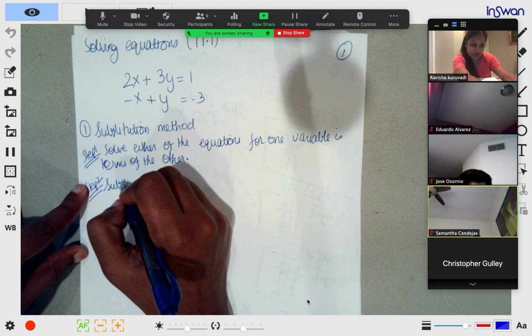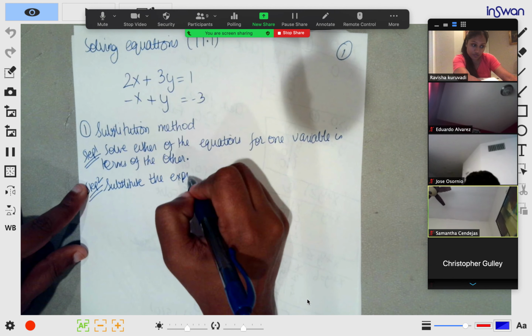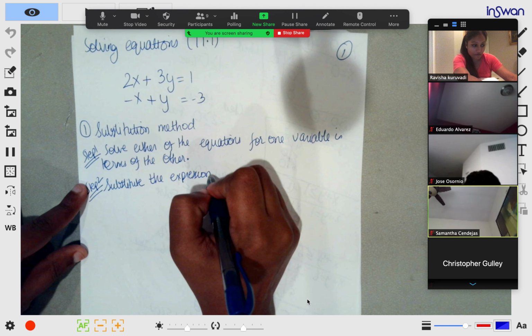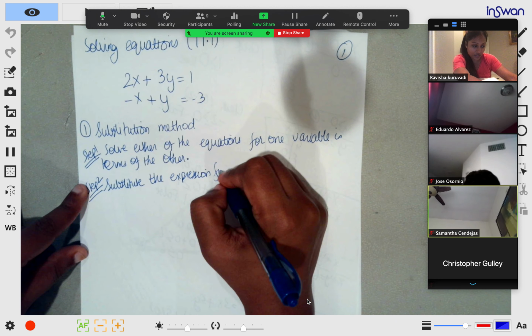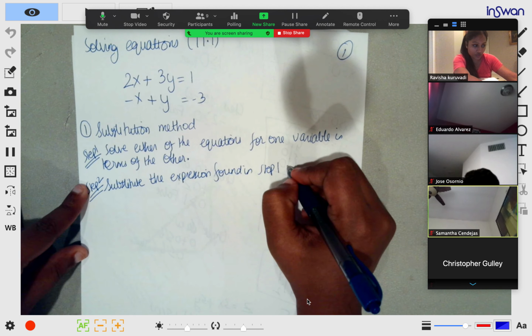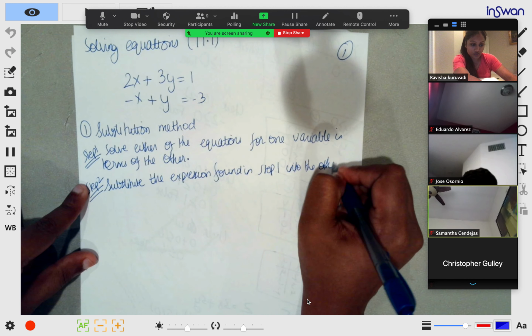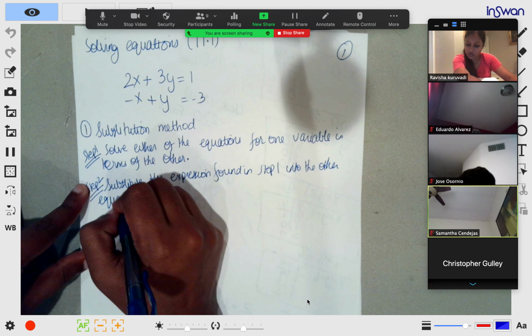substitute the expression found in step 1 into the other equation.